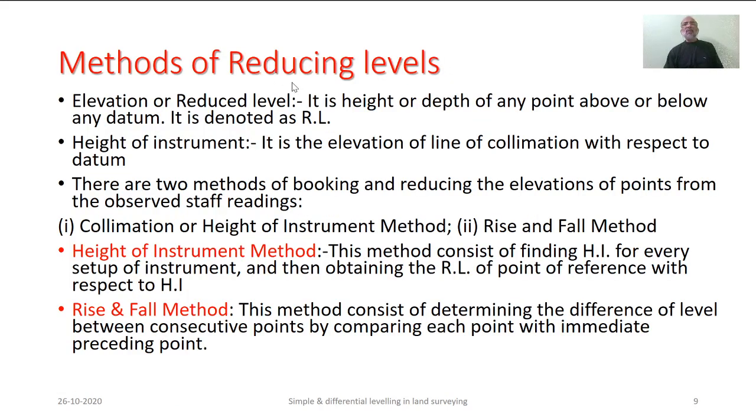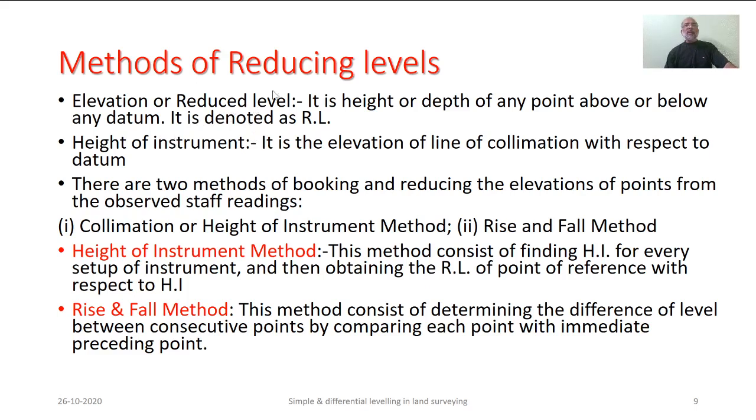As we observe the readings as backsight, intermediate sight, foresight with respect to some benchmark, the next task that we wish to have is determination of reduced level. So as discussed previously, reduced level is nothing but the height or depth of that particular point above or below the reference plane, which is called datum.